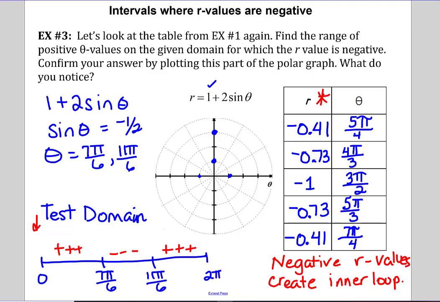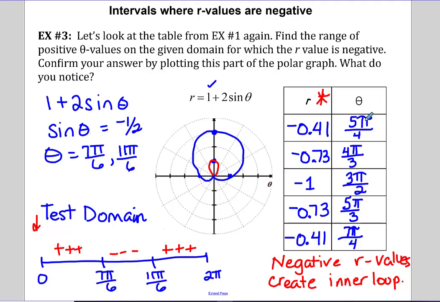So what happened was the inner loop gets formed, and then we come outside, around, down, and back. Okay?